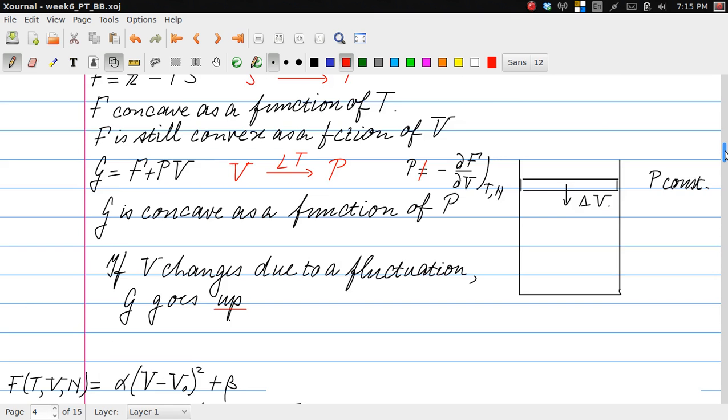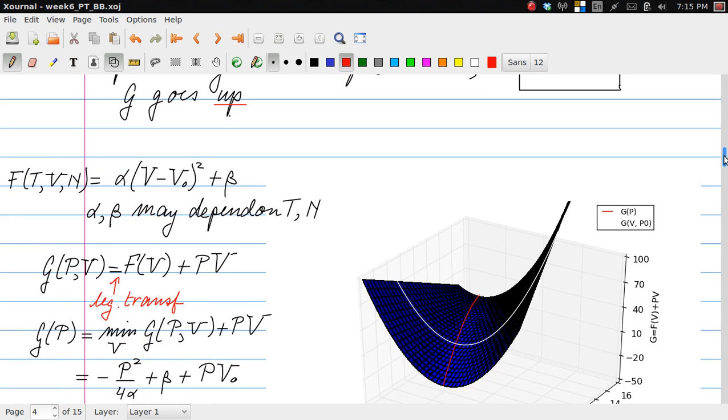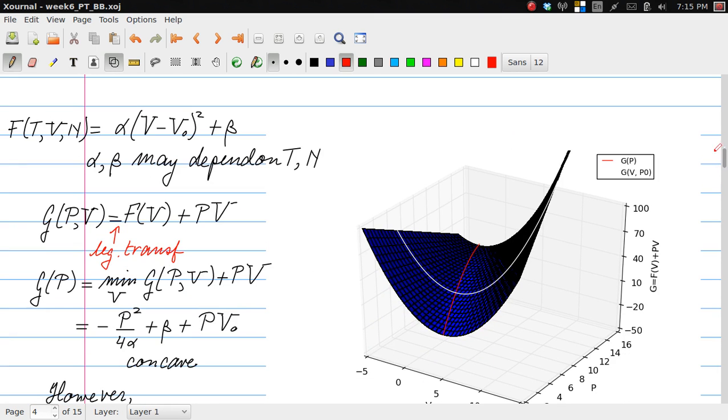So let us now look at a particular example. I have just chosen a simple function f as a function of V, and of course of T and N, but they are less important because we focus on V here. It's alpha times (V minus V0) squared plus beta.